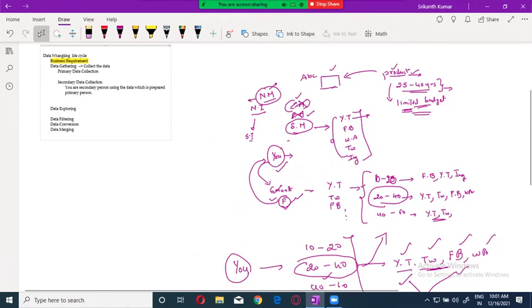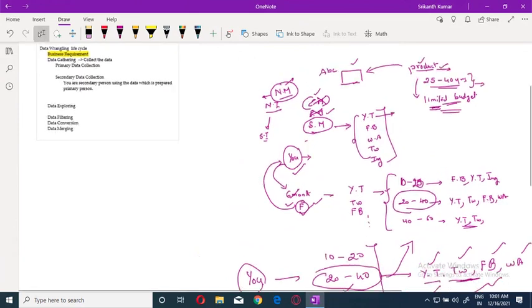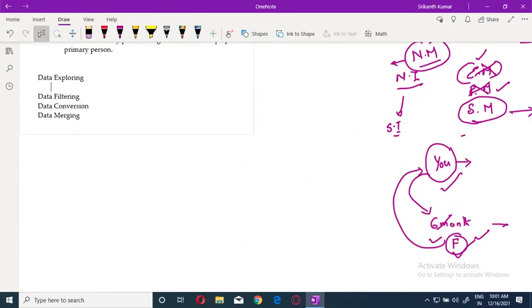It is a process of going through the data and understanding it to get the right one. That is called exploration.